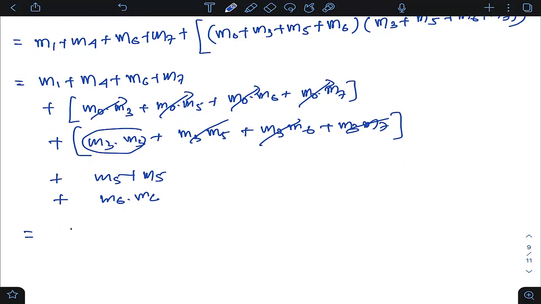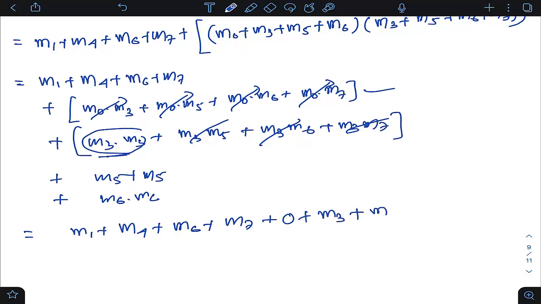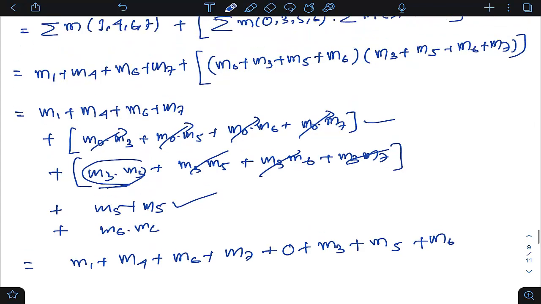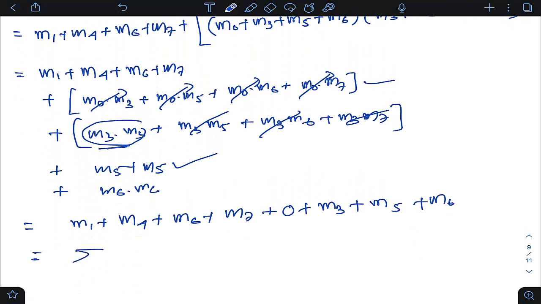So the final answer is m1 plus m4 plus m6 plus m7 plus, from the first product you don't get anything, it is 0, plus from this you get min term 3, min term 5, and min term 6. If I ask you to write in compact form, is 1 present?